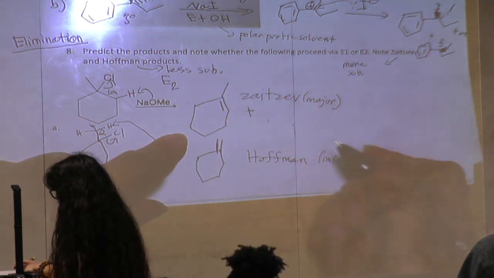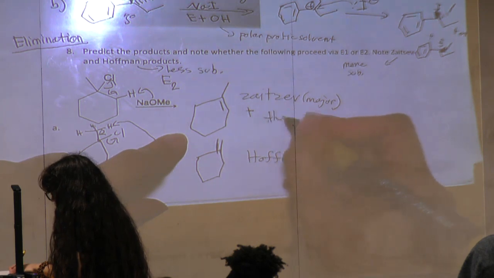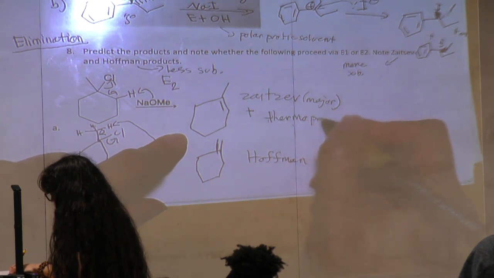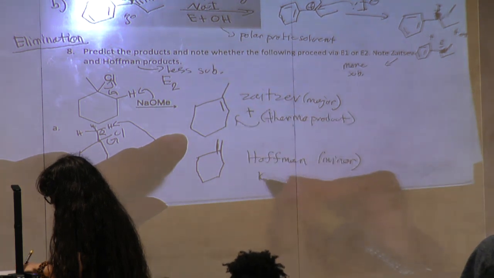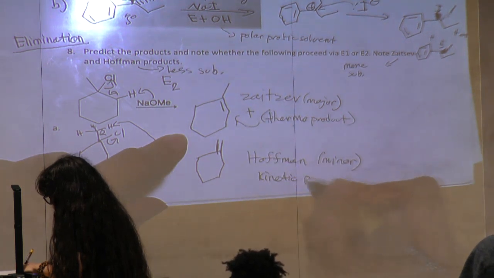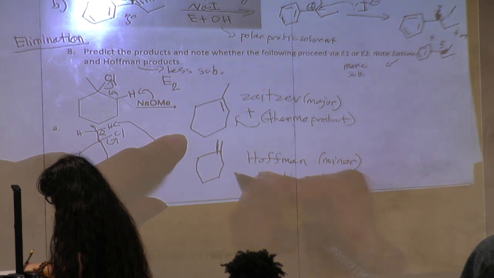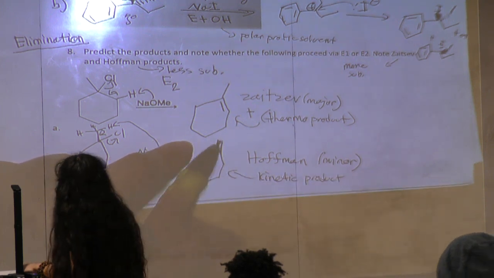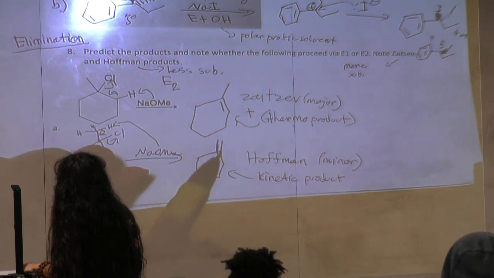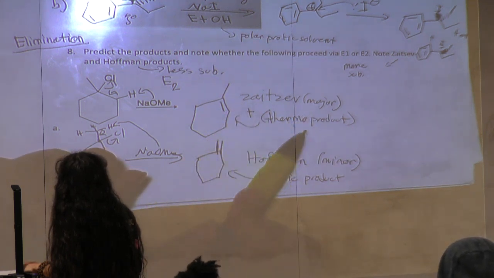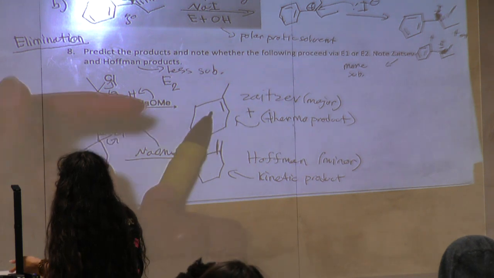This is a note for Orgo 2, but just so you're familiar with it, this is our thermo product, whereas this is our kinetic product because the double bond forms in the less substituted area. It forms more quickly, but it's not as stable as our thermo product. This takes more energy to form, but it's more stable.